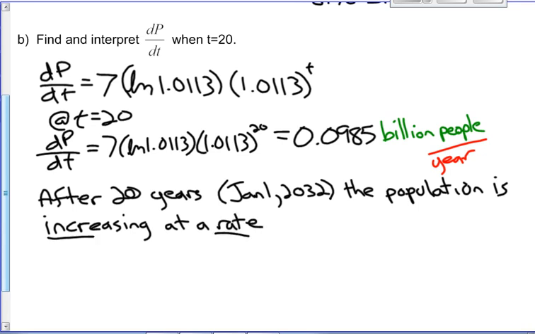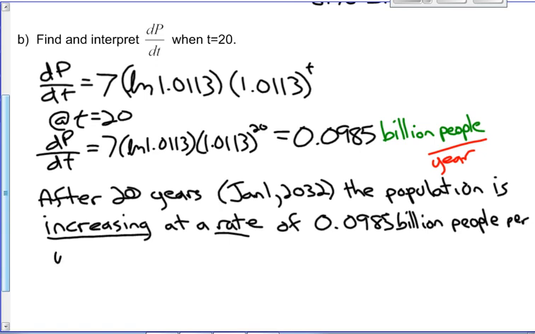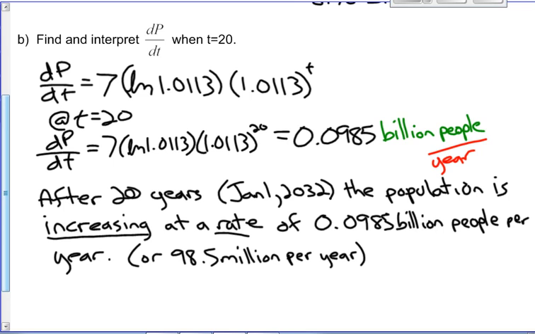So increasing because it's positive at a rate of 0.0985 billion people per year. Or you could write that as 98.5 million people per year. But the derivative has meaning, and the units give it that meaning. Billion people per year.